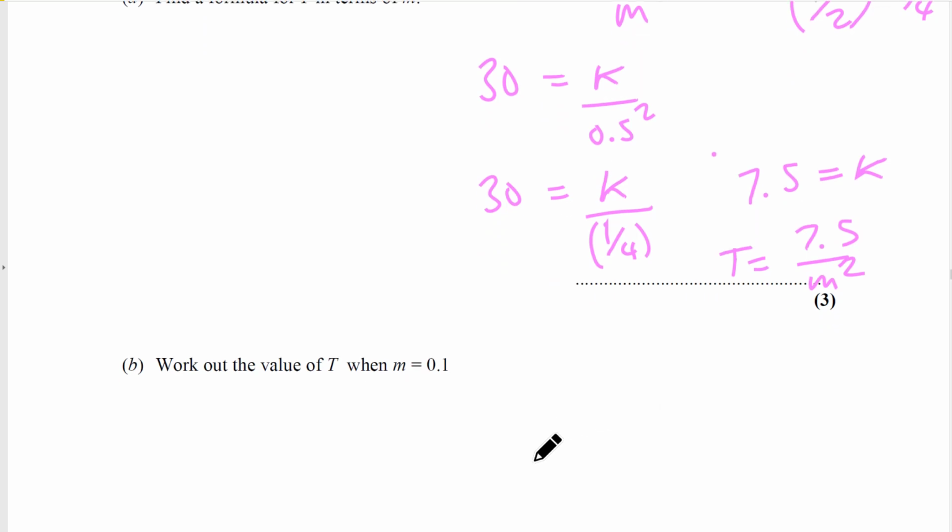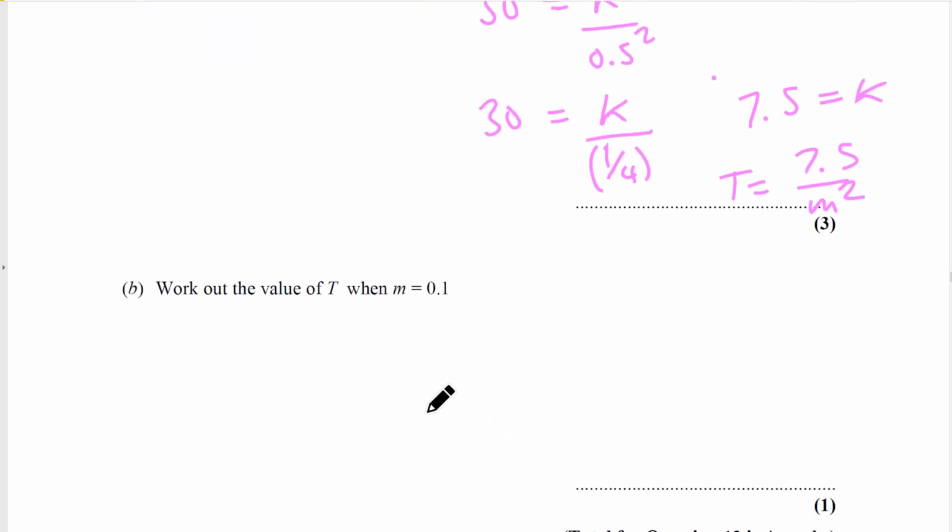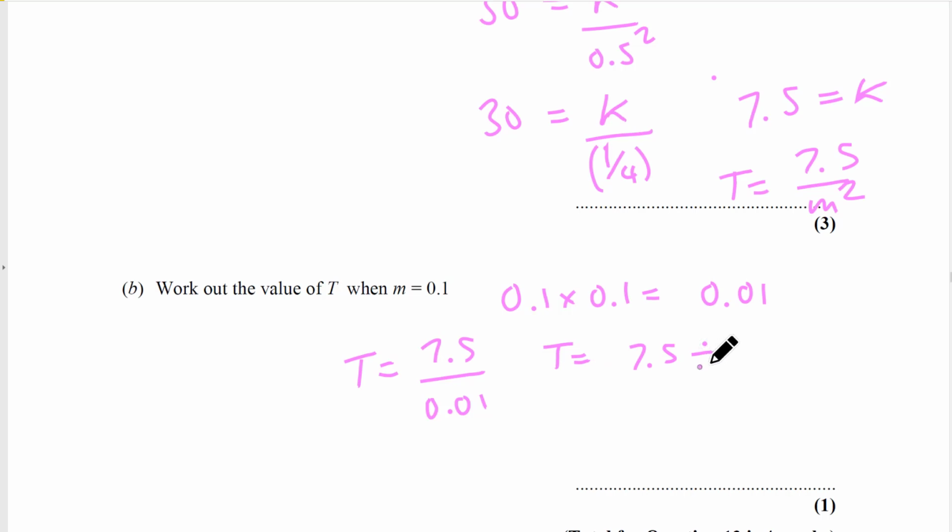Work out the value of t when m equals 0.1. Okay, let's just do what's 0.1 squared first. So that's going to be 0.01. So t equals 7.5 divided by 0.01. Now, if I write this like this, that would be equal to this, divided by 1 over 100.